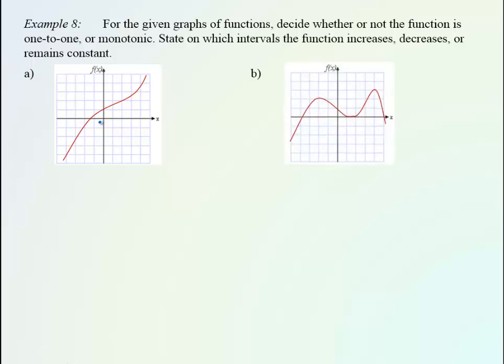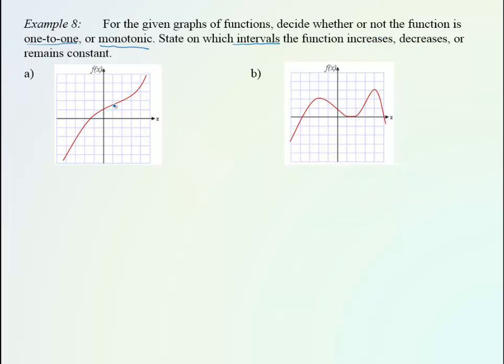For the next two graphs of functions, we want to find out if those graphs represent one-to-one or monotonic functions. Also, we would like to state all possible intervals in which the function either increases or decreases or remains constant.